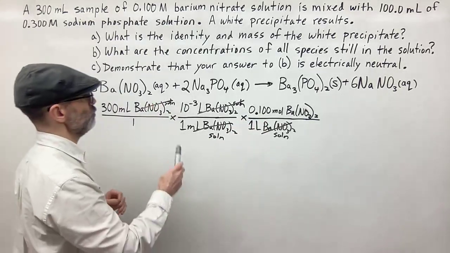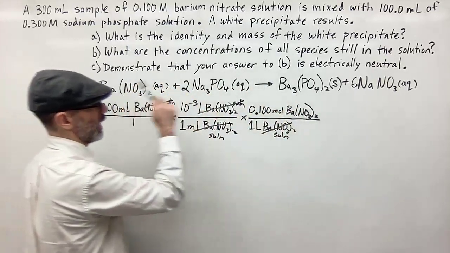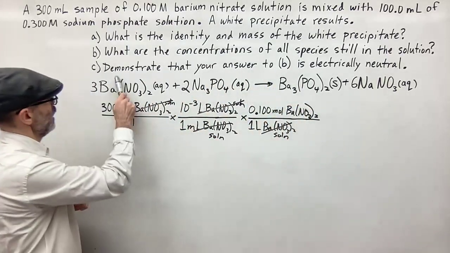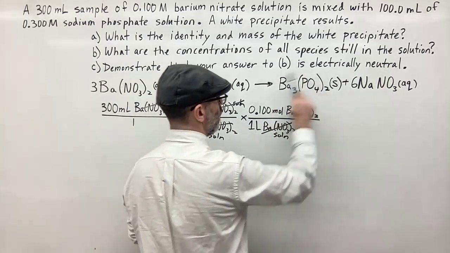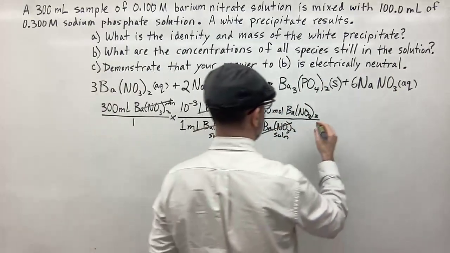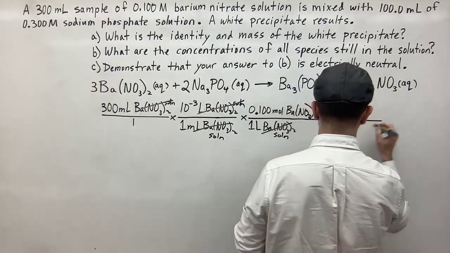So now I can use the mole ratio between barium nitrate and barium phosphate. You can see here that for every 3 moles of barium nitrate, I get 1 mole of the barium phosphate. So I'm going to go ahead and use that mole ratio.